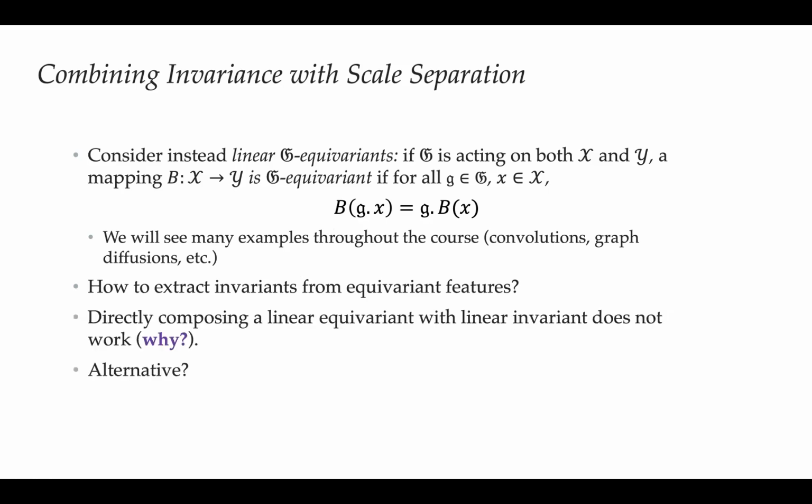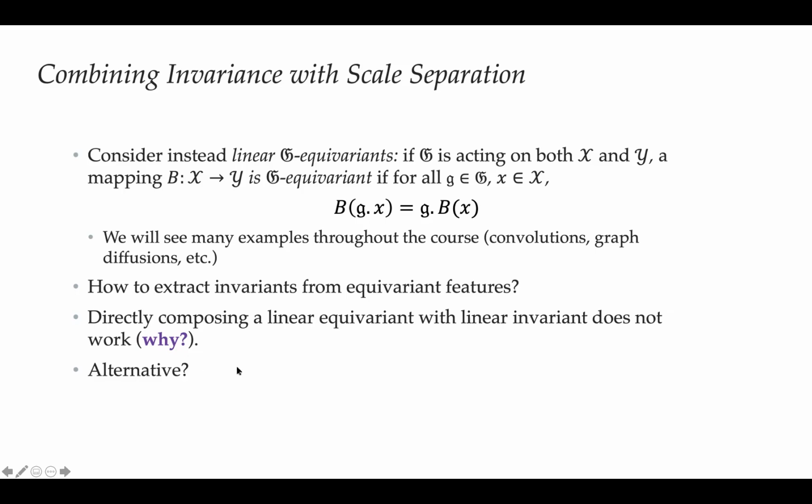Does it work? I put it here as a purple exercise: if I compose a linear equivariant with a linear invariant, it doesn't work. And it's a good exercise for you to try to figure out why. So if just directly composing linear maps doesn't work, then I need to do something else.